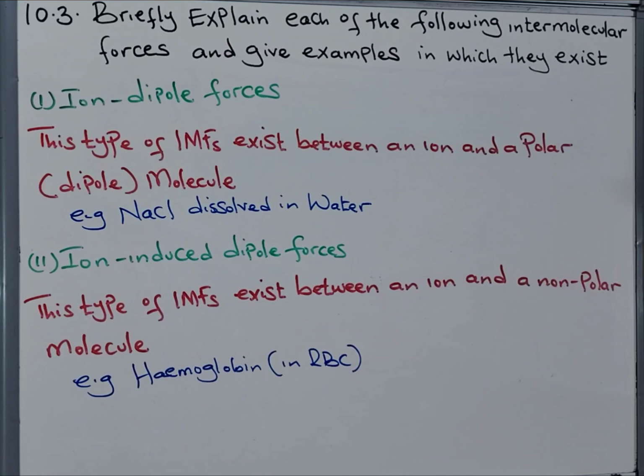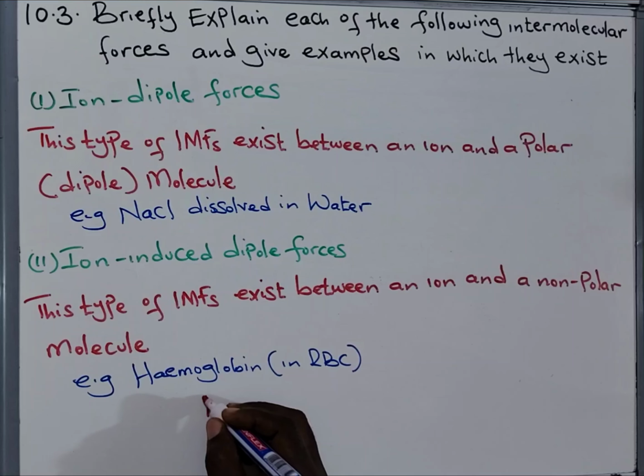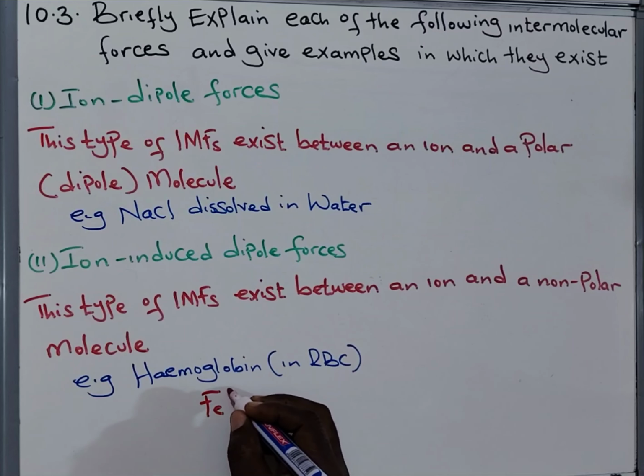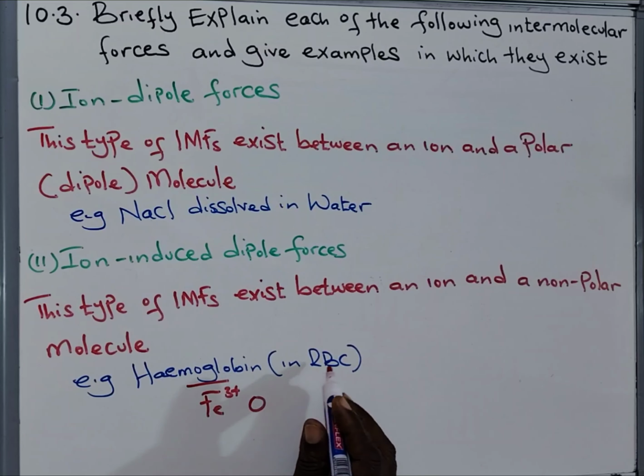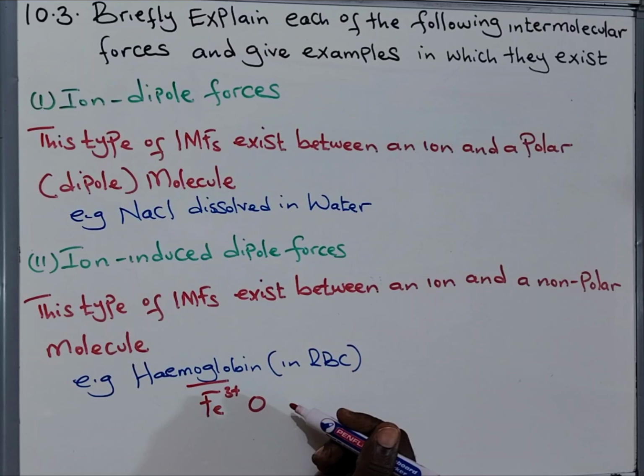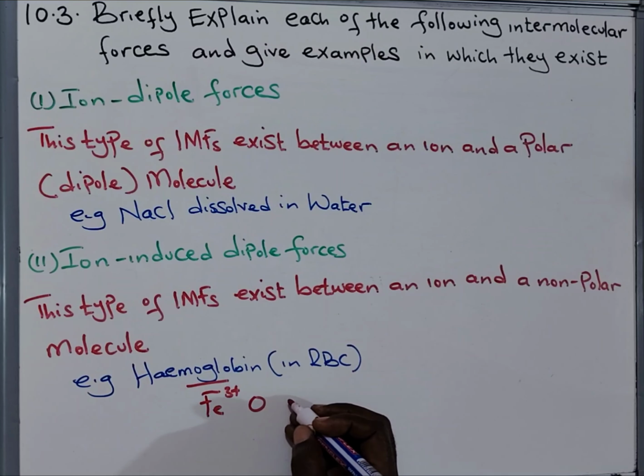Inside hemoglobin there is a ferric atom, iron 3. So iron 3 induces oxygen, because hemoglobin is a pigment responsible for carrying oxygen. Oxygen is like this.